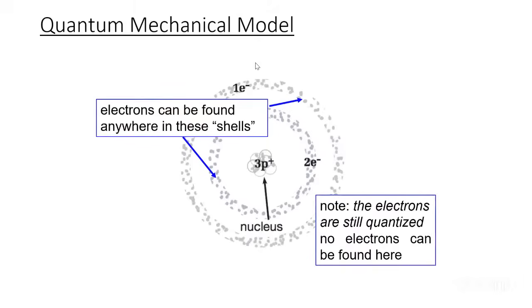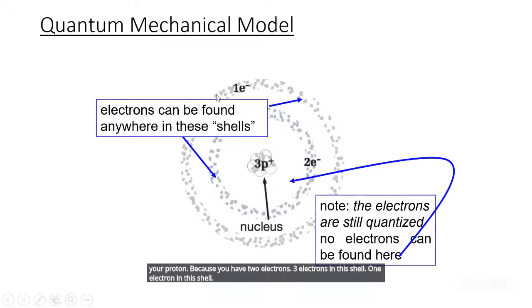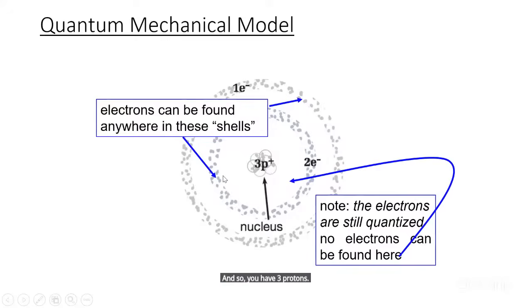Now, I have this diagram here to explain it much better. Because you have 2 electrons in this shell and 1 electron in this shell, all the electrons in this particular atom are 3 electrons, and so you have 3 protons here. In this position, they are still quantized.